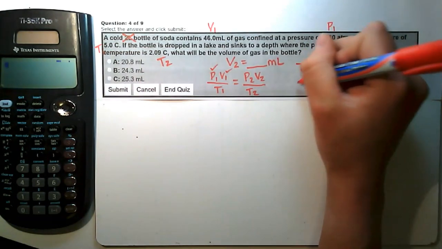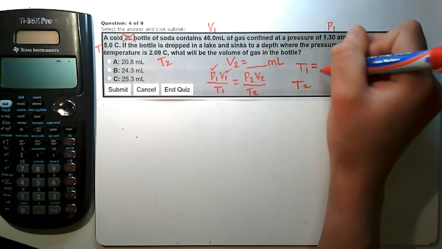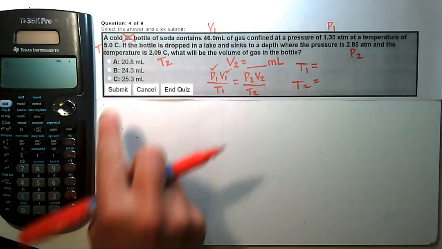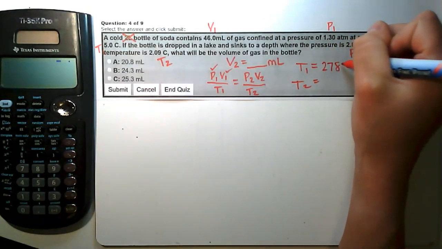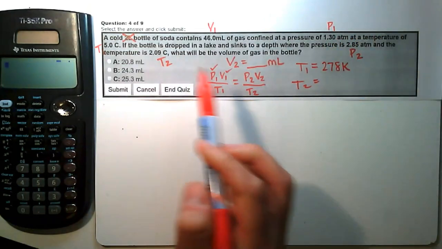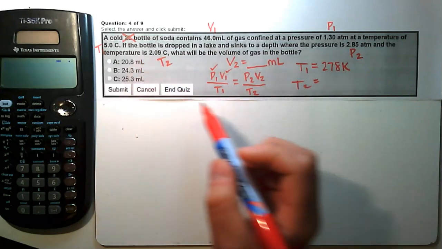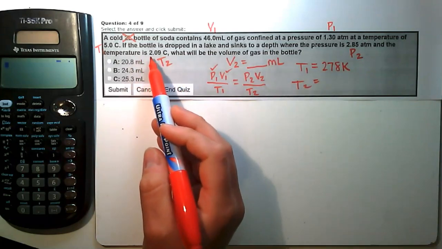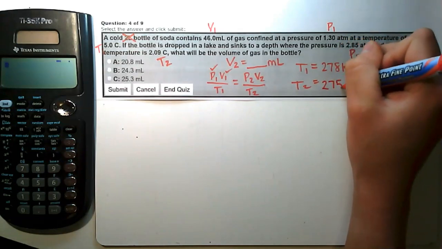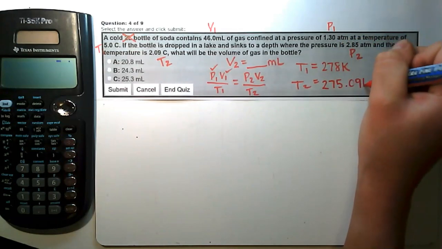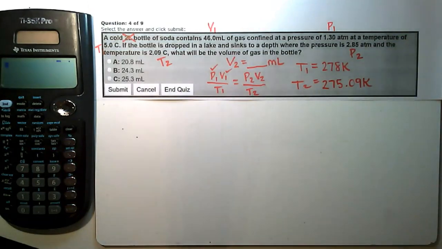So let's go ahead and convert those values to Kelvin. T1, 5 plus 273 is 278 Kelvin. T2, 273 plus 2.09 is going to be 275.09 Kelvin. So now we have our temperatures converted to Kelvin, and temperature looks good as well.